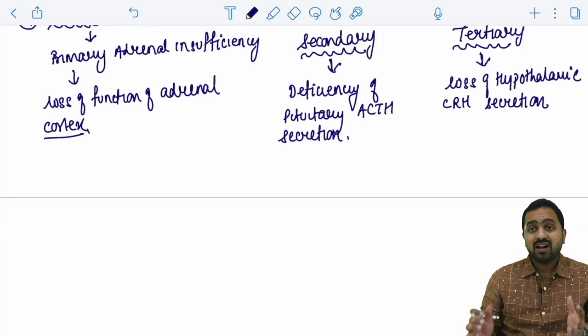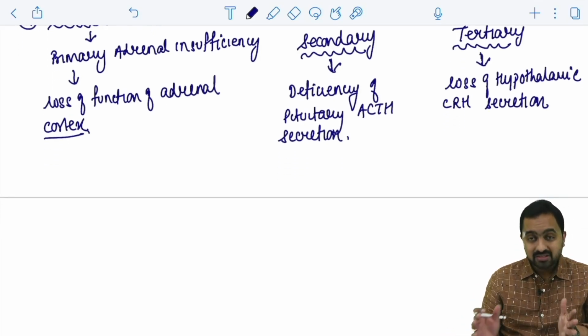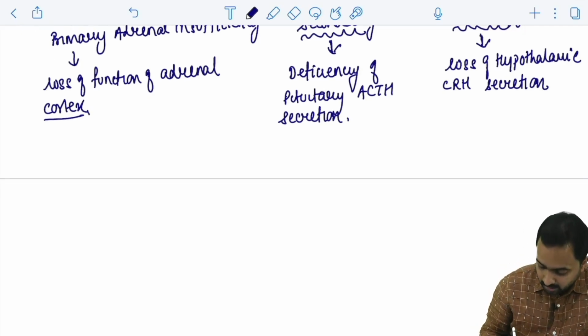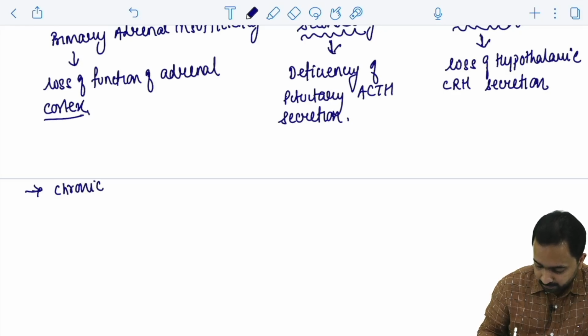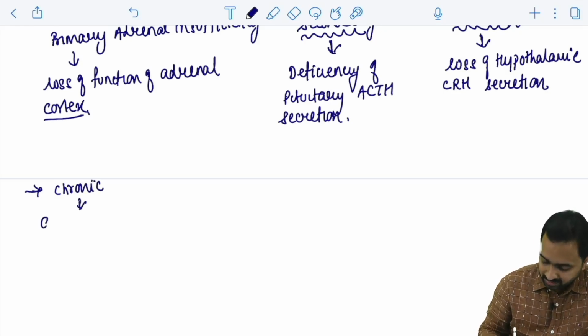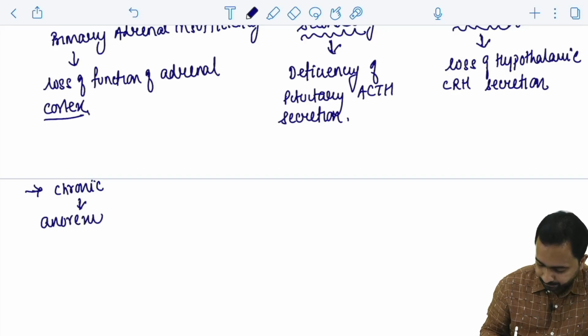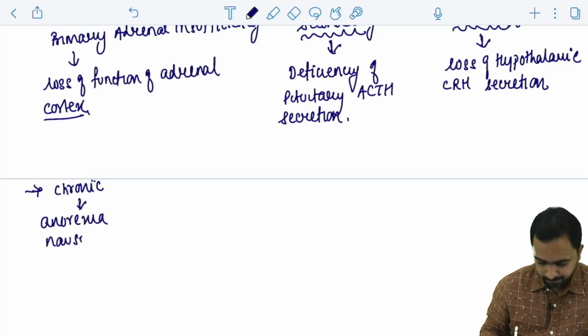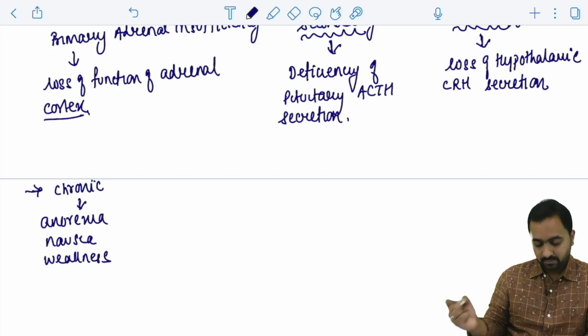So, how do such patients of adrenal insufficiency present? They present specifically the chronic form in form of anorexia, nausea, generalized weakness, right?